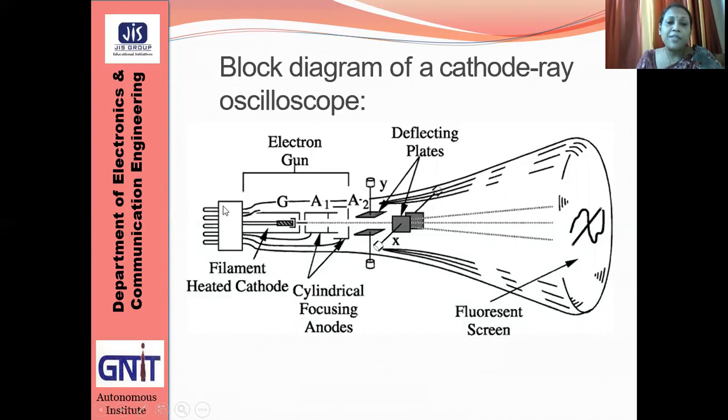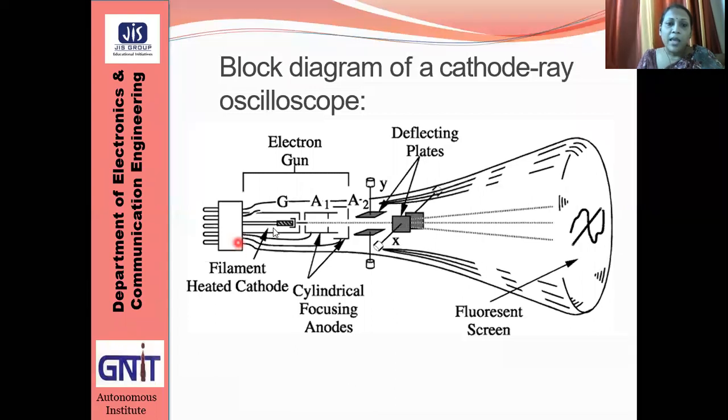The left side is the input side and the right side is the output side. So what is there at the input side? Let us see. This is the filament from which electrons are emitted.